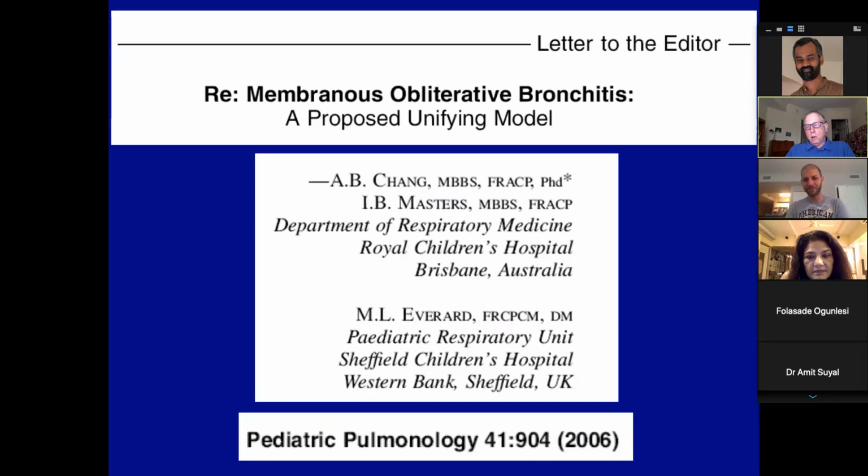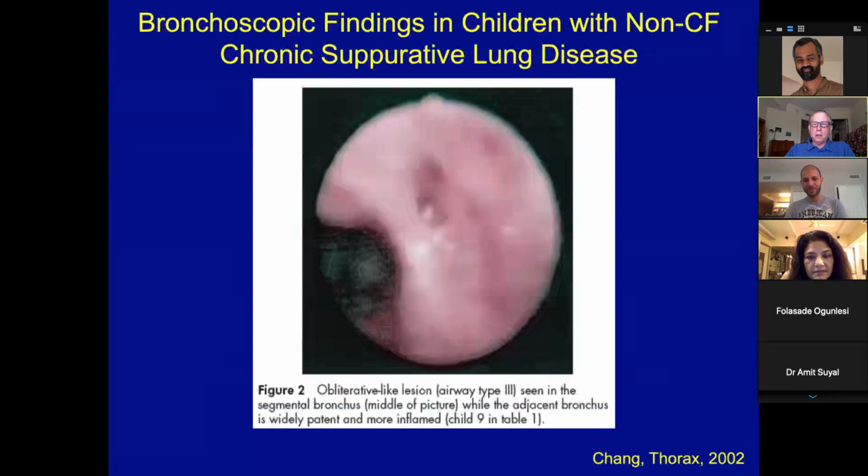They described a paper on bronchoscopy findings in children with non-CF chronic suppurative lung diseases, and they speculated there is a progression, and as the progression occurs, there is what they called an obliterative-like lesion, which they called airway type 3, seen in segmental bronchus here.